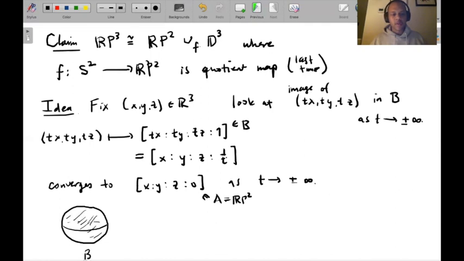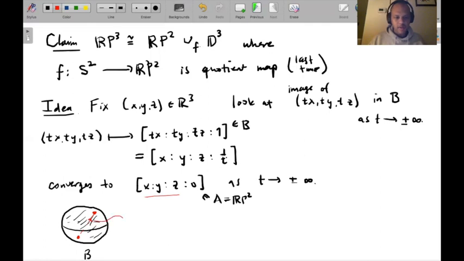So here's B. And as we go towards the boundary of B, these antipodal points on the boundary are identified. That's what this statement is saying.